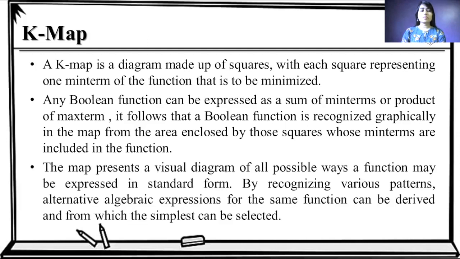The map represents a visual diagram of all possible ways a function may be expressed in a standard form. By recognizing various patterns, alternative algebraic expressions for the same function can be derived, from which the simplest can be selected.